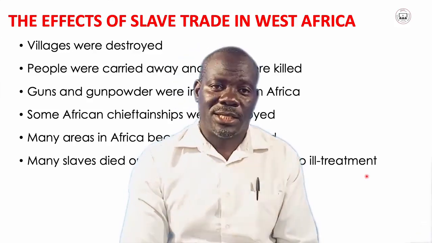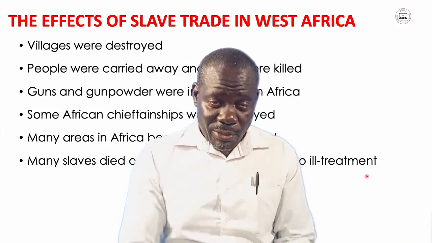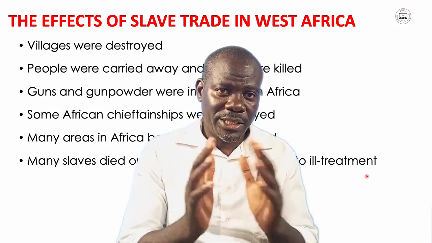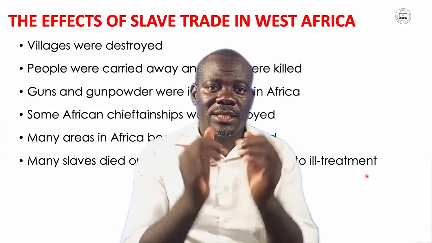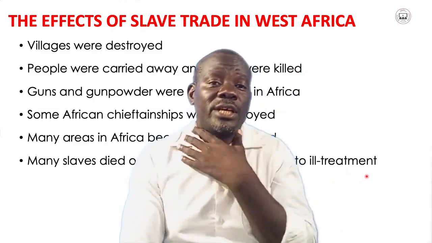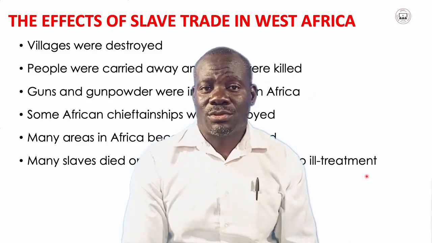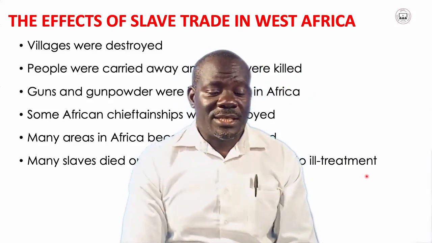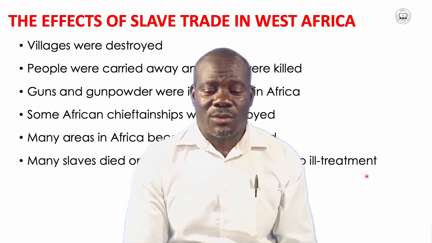They were chained. They were not allowed to move freely. Legs and arms were tied, one to the other, or neck by neck. So you can see that things were not really okay.